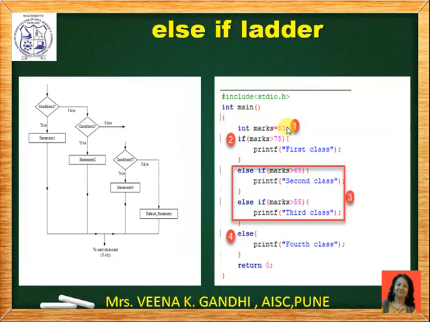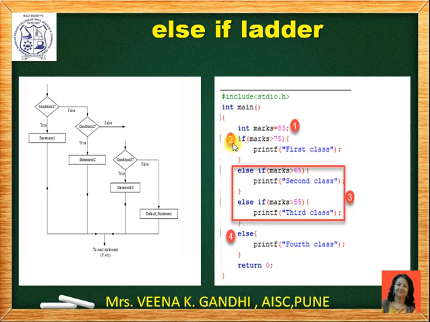Let us see a program using the else if ladder. This program displays the grade or class depending on the marks. In the main function, declare a variable marks of type int having the value 83. Now depending on different conditions, it will display the grade or class.